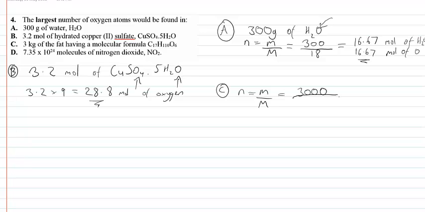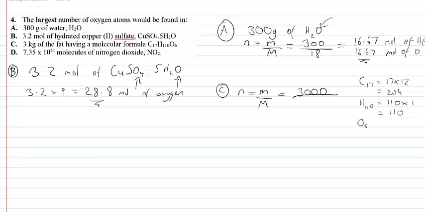Now, our molar mass is going to take a little bit of working out, because for the formula C17H110O6, we need to work out the mass of all of that. C17 is equal to 17 times 12. So each carbon weighs 12, and there are 17 carbons. That will give us 204. Now, for the hydrogens, there's 110 of those. Each one is worth 1, so the hydrogen weighs 110.